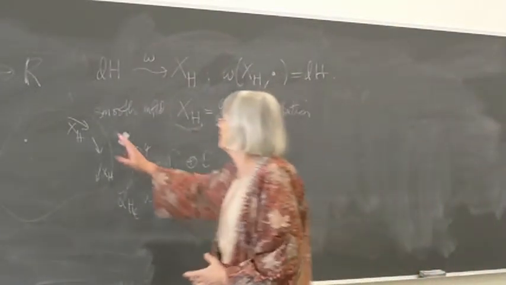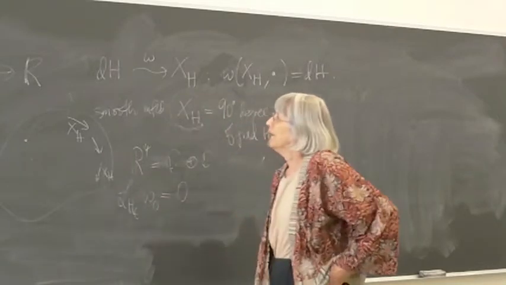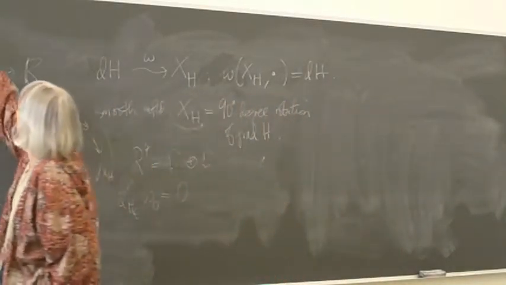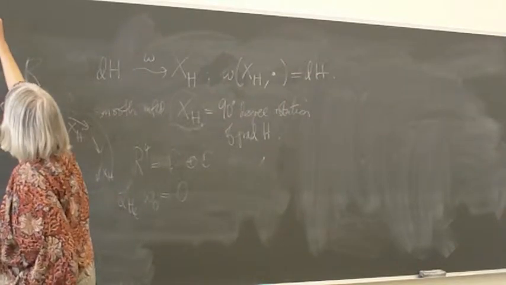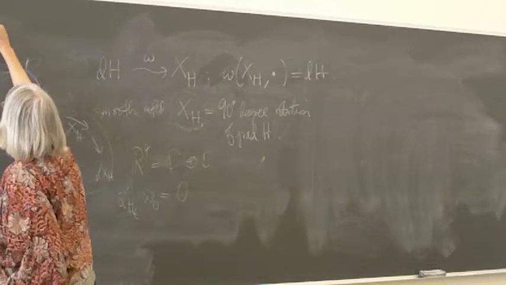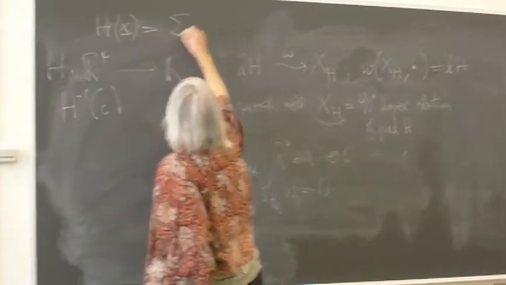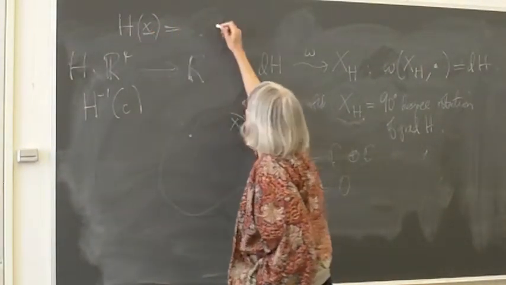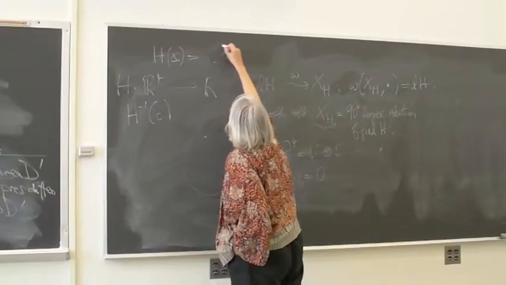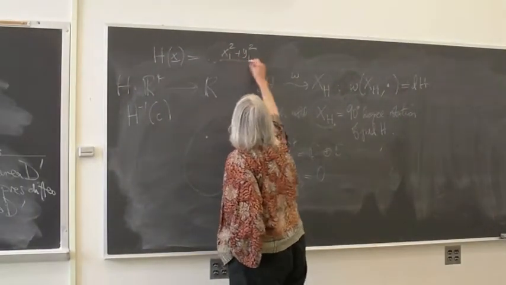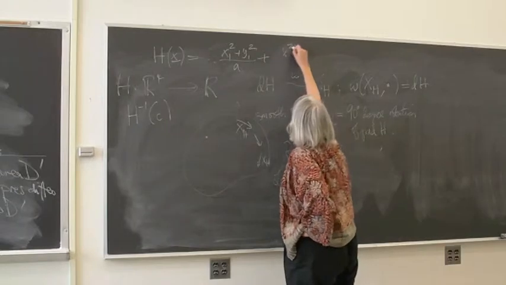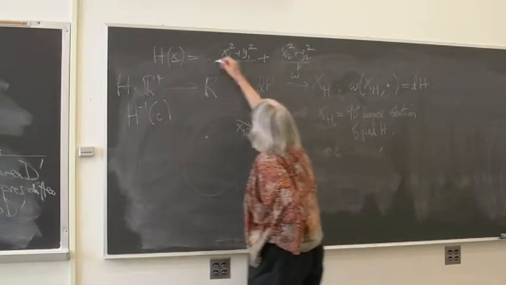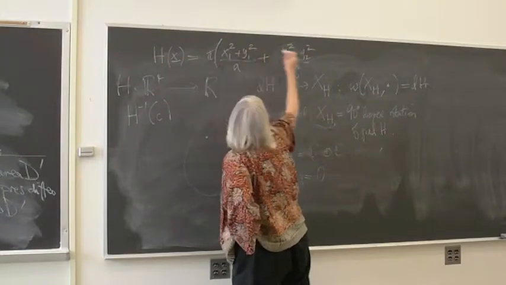Anyway, as an example of this, if we take h to be the most obvious function, the functions I'm going to be interested in are the ones that give the ellipsoid. So I'm going to be interested in x1 squared plus y1 squared over a plus x2 squared plus y2 squared over b, multiplied by pi.